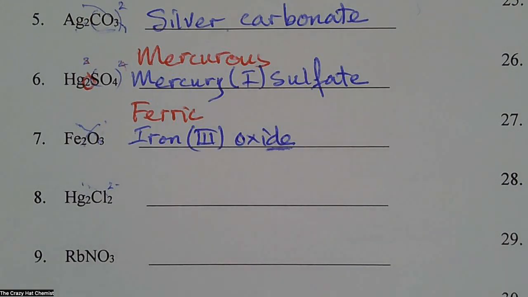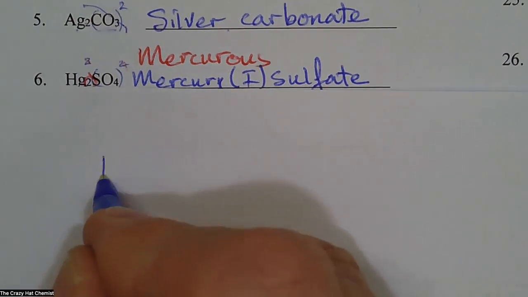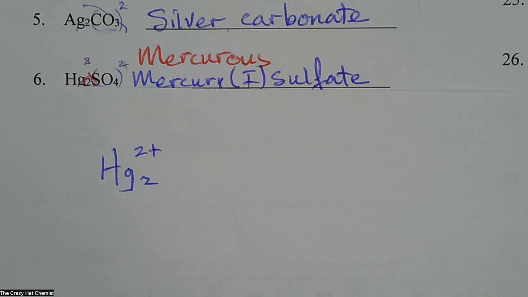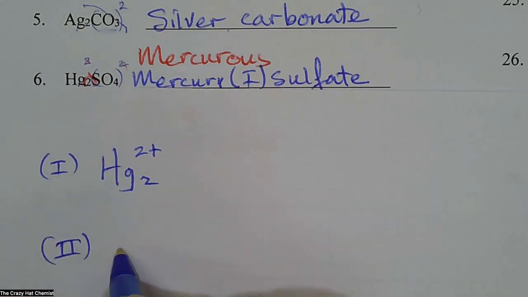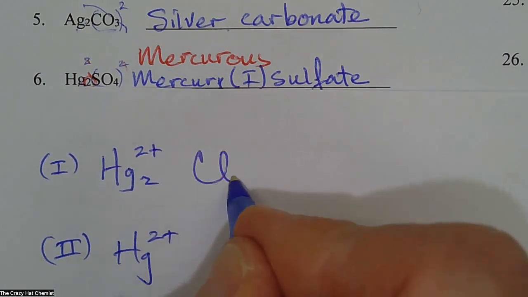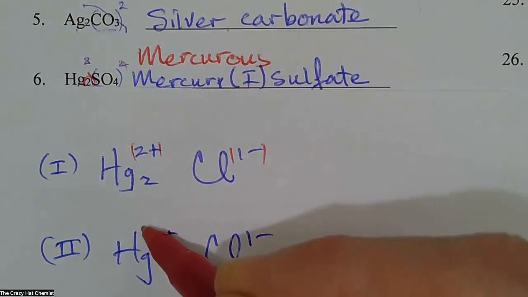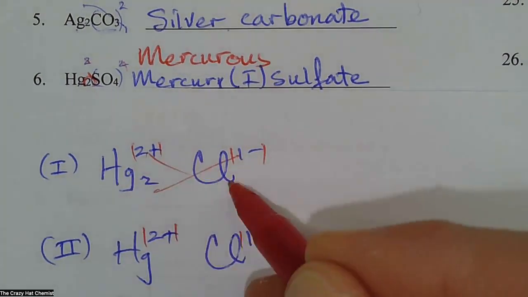So any mercury compound, this is what I would recommend doing. We have an Hg2 2+, and this is mercury 1. And then I'm going to write down mercury 2, and that's Hg2+, and that's with the chloride. So that's a Cl1-, Cl1-. I'm going to take the absolute value of these two numbers, flip the numbers, and bring them down.